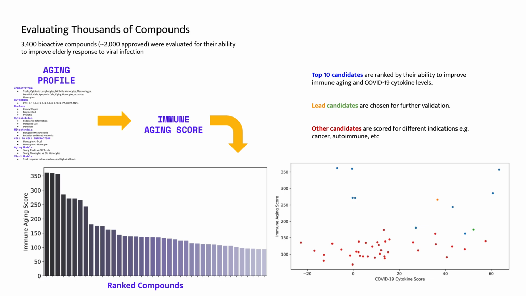The second score was a COVID-19 cytokine score, which measured how a compound changes cytokines related to severe COVID-19. Using these two scores, we ranked thousands of compounds and chose the top ones for follow-up studies.